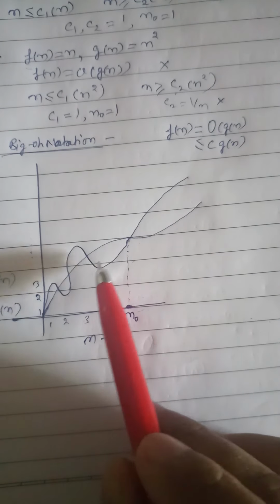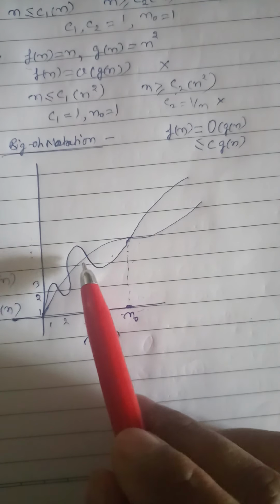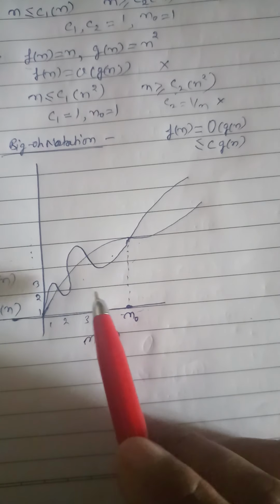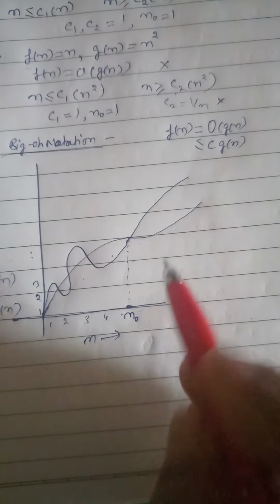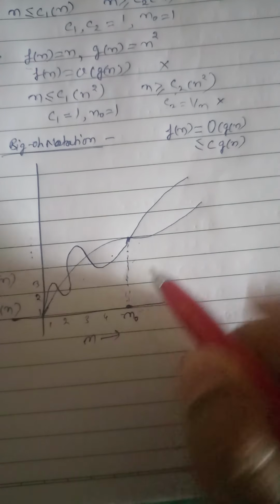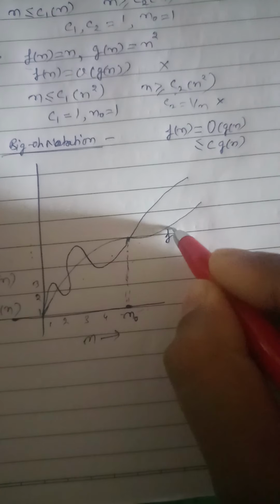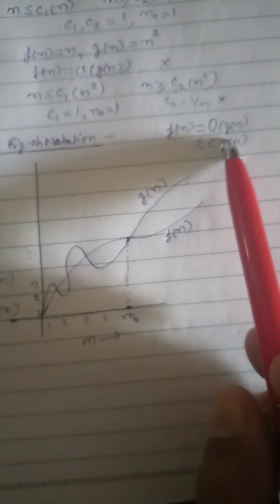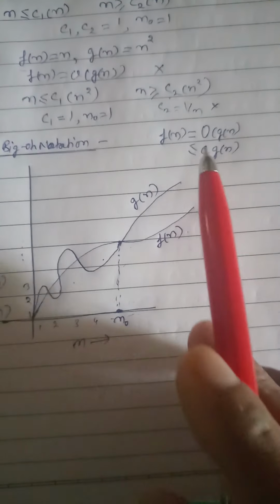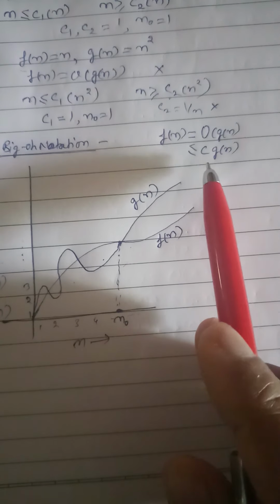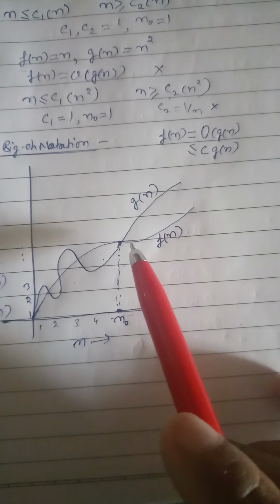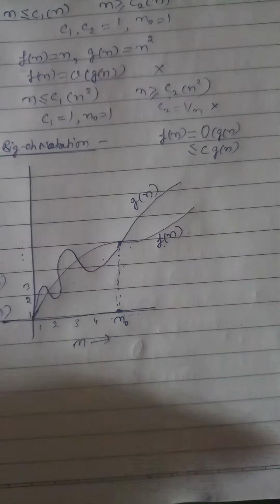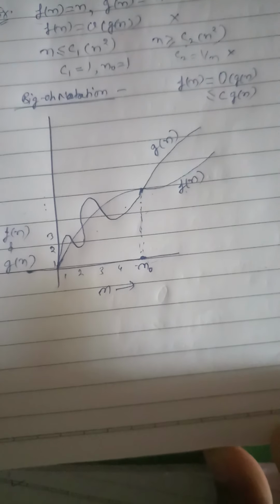Because before that, f(n) and g(n) values may go up and down. Maybe sometimes f(n) is greater, sometimes g(n) is greater. But after that particular n naught value, f(n) will always be less and g(n) will be greater in big O notation, because the definition of big O notation is f(n) less than or equal to c g(n). So after a particular point, f(n) is always less and g(n) is always greater. This is the way to represent big O notation.